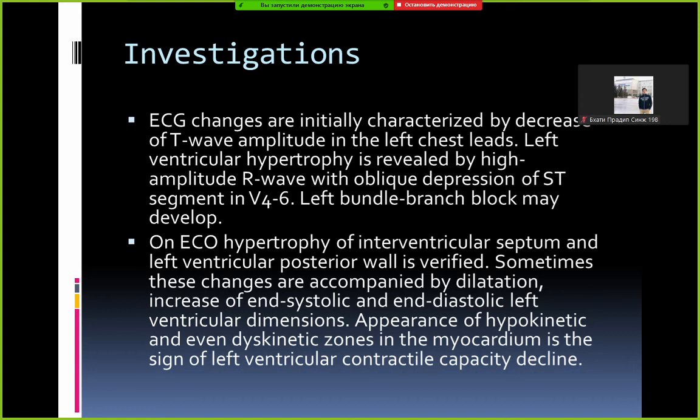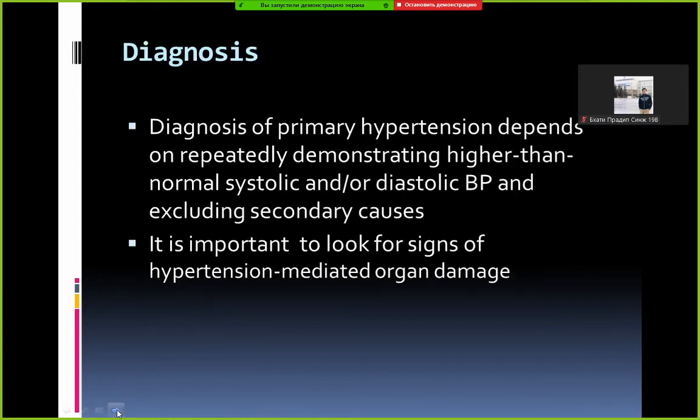Cardiac ultrasound also detects left ventricle hypertrophy and left ventricle dilatation. Appearance of hypokinetic and even dyskinetic zones in the myocardium is the sign of left ventricle contractile capacity decline and development of heart failure.